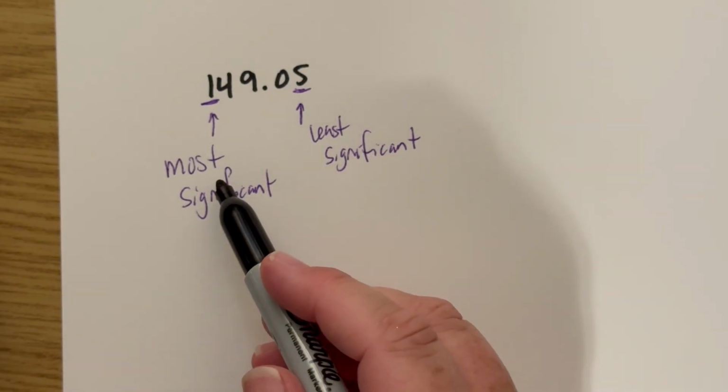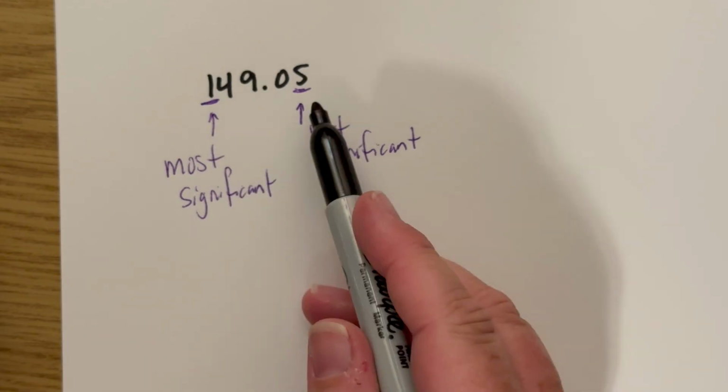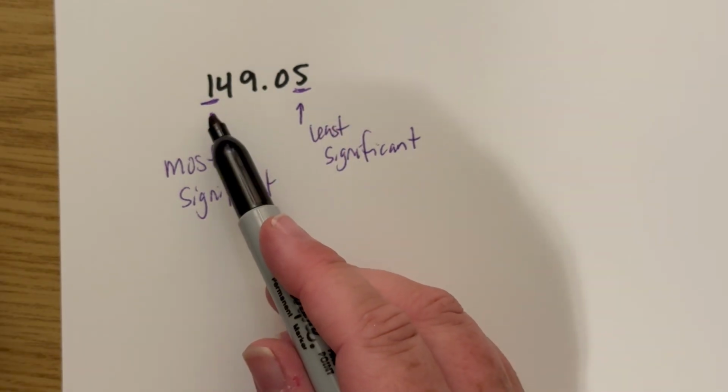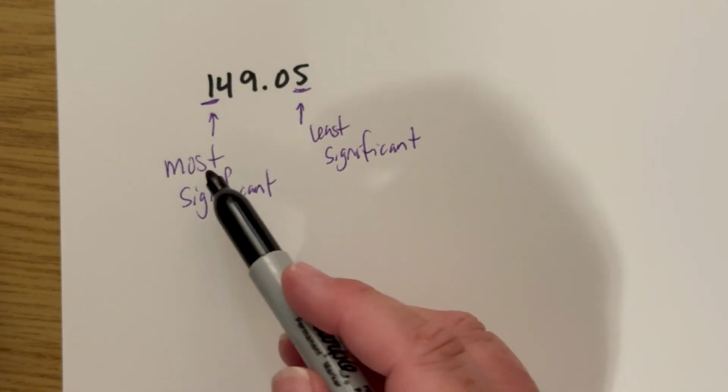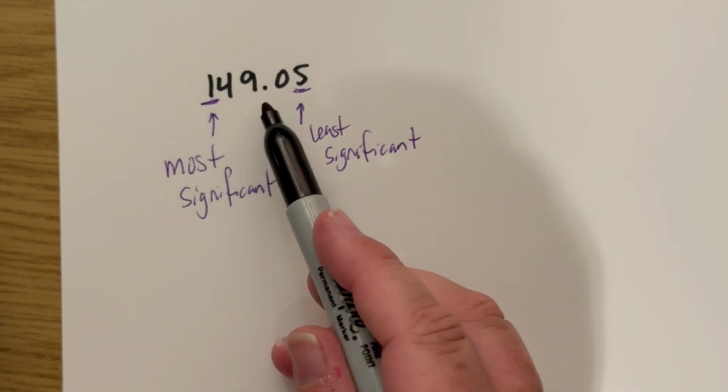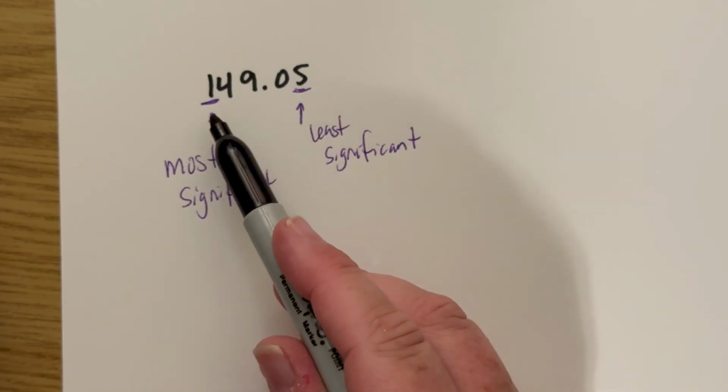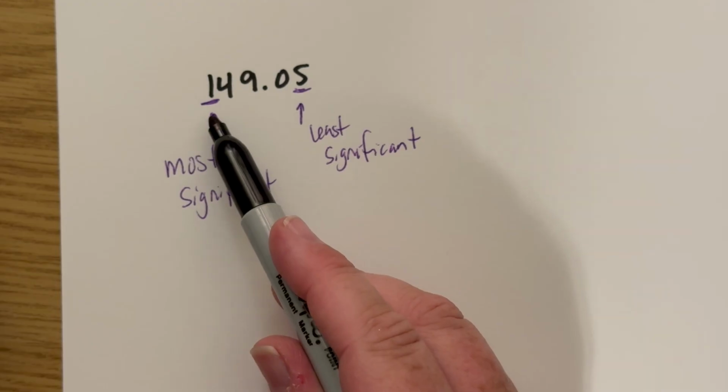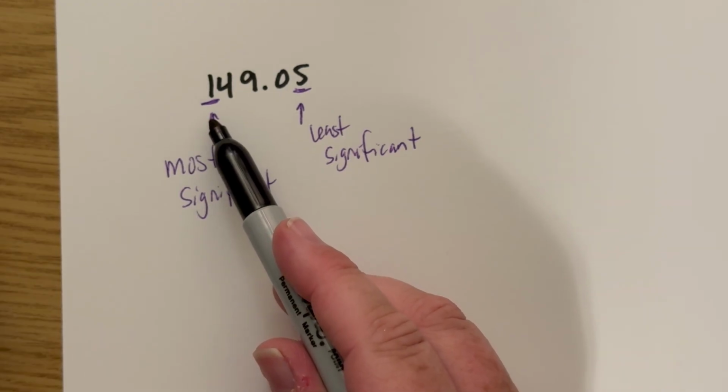For this part, I want to talk about the terminology of most significant and least significant. The most significant digit in a number gets us to the general range of magnitude that we're talking about. So in this situation, 149.05, our most significant number is in the hundreds place. It's the biggest one. It says we're about 100 here, somewhere in there.